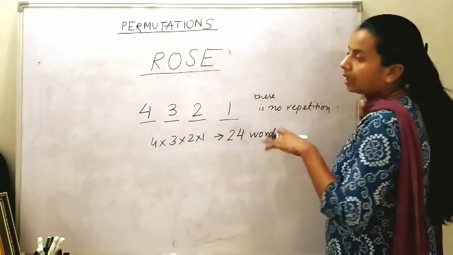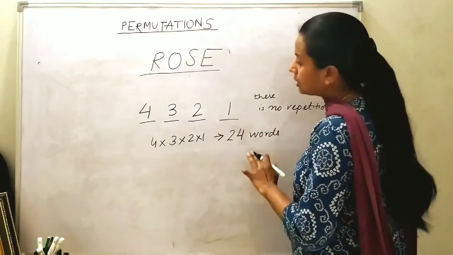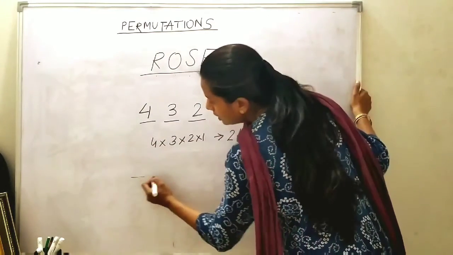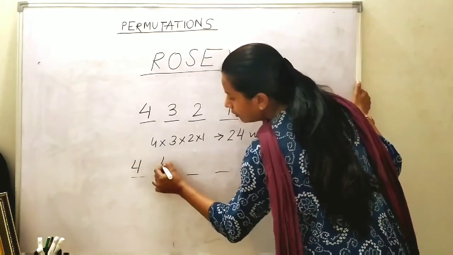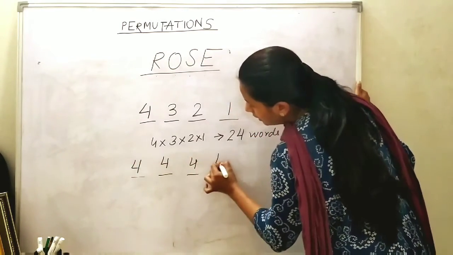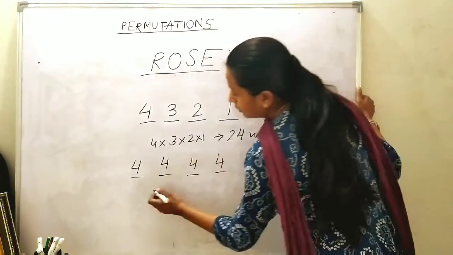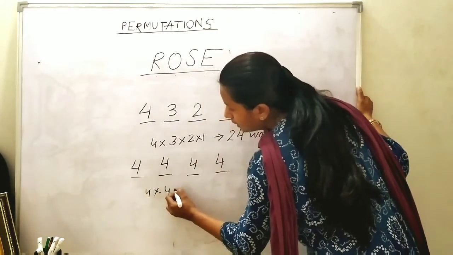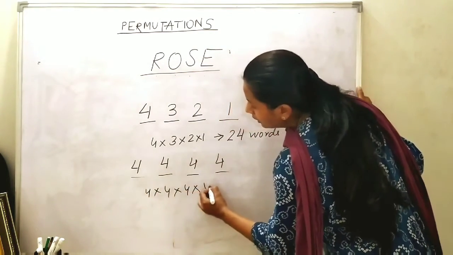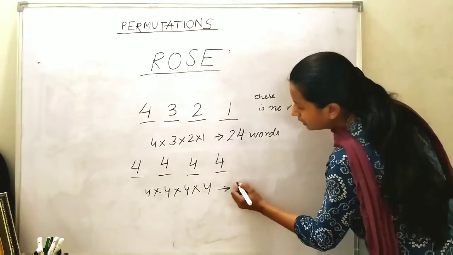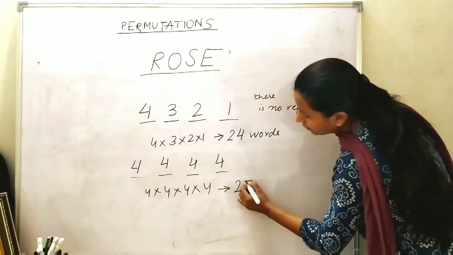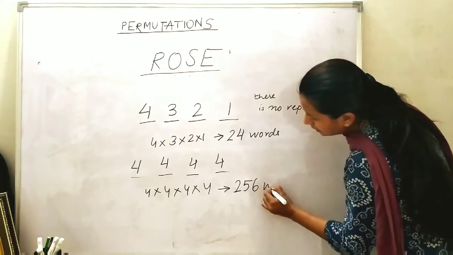Suppose repetition is allowed, then all 4 places have 4 options. So the number of words we can make with repetition is 256.